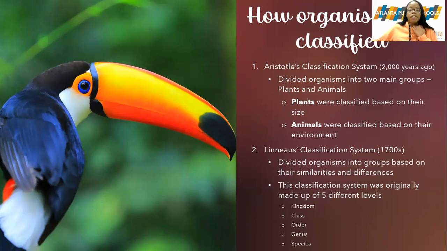Linnaeus divided organisms into groups based on their similarities and differences. This is a little bit different than Aristotle, because remember, Aristotle divided organisms based on whether they were plants or animals. He was very simple with it. Linnaeus divided his organisms based on what they had in common and what their differences were.